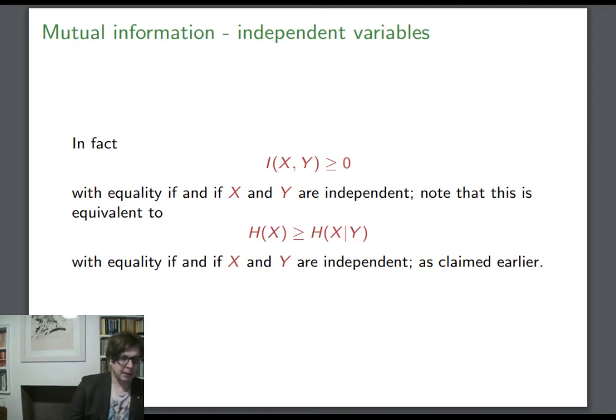Just before I say a little bit more about that, note in passing that because h of x comma y is equal to h of x minus h of x given y, that was one of the definitions, if you remember. That tells you that, well, if the mutual information between x and y is always positive, the entropy of x is always greater than the entropy of x conditioned on y.